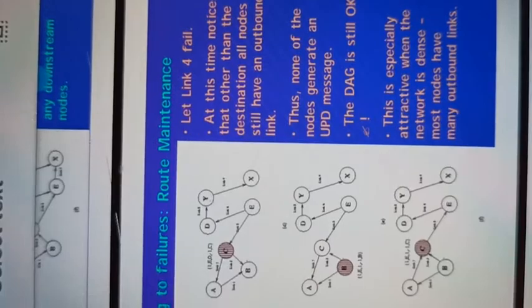This is especially attractive when the network is dense and most nodes have many outbound links. So this is the example of TORA.